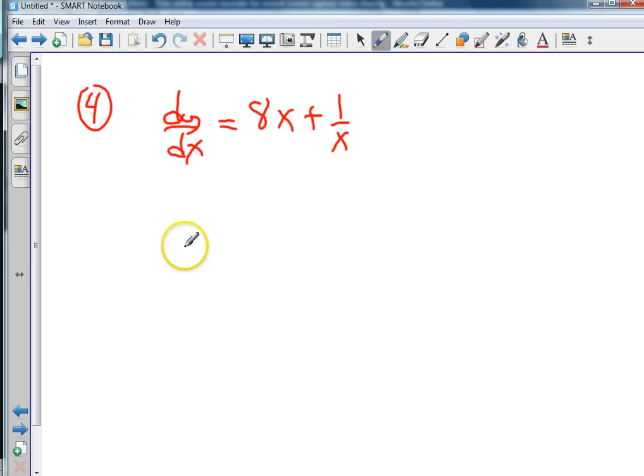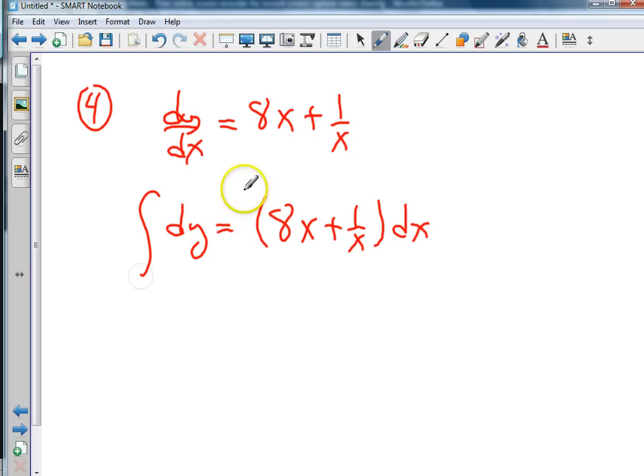All right, so all you do is move the dx where? To the right, yeah. So instead of dx in the denominator, dx is in the numerator. Notice it's multiplying all of this. So I need parentheses. So when I integrate, remember this is sort of like a Riemann sum where this is the height of every rectangle, this is the width of every rectangle, right? So it's multiplying, I need parentheses. All right, anti-differentiate, you get? y equals what?